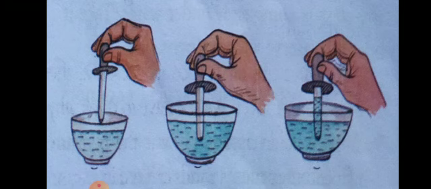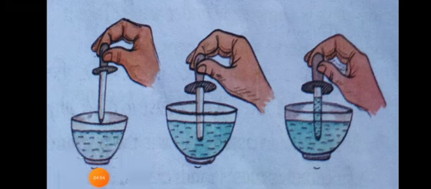In step 2, while pressing the rubber bulb, the filler is to be kept in the fluid like you are seeing in the second picture. Now step 3, when it is immersed in the fluid, we have to reduce the pressure on the rubber bulb. Then fluid enters the filler easily.